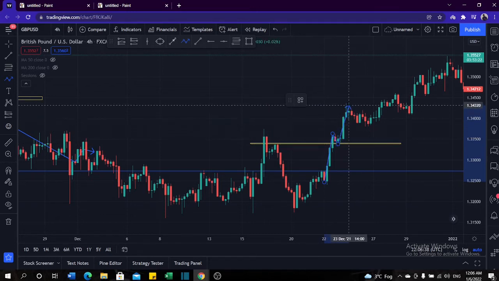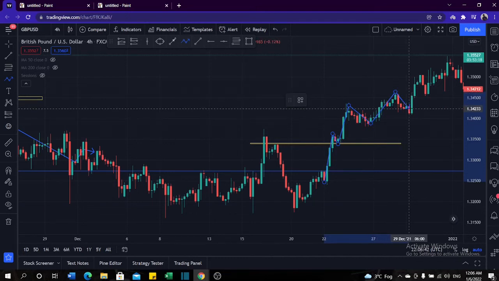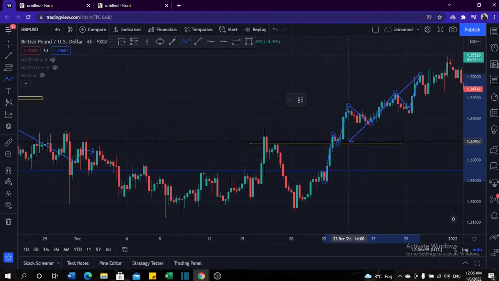It continued the uptrend, down, up, down, up, down, up. Now this right here is what we call a retest. The first thing we saw in this area was the break, then the retest of this area, then price continued to go in its direction.